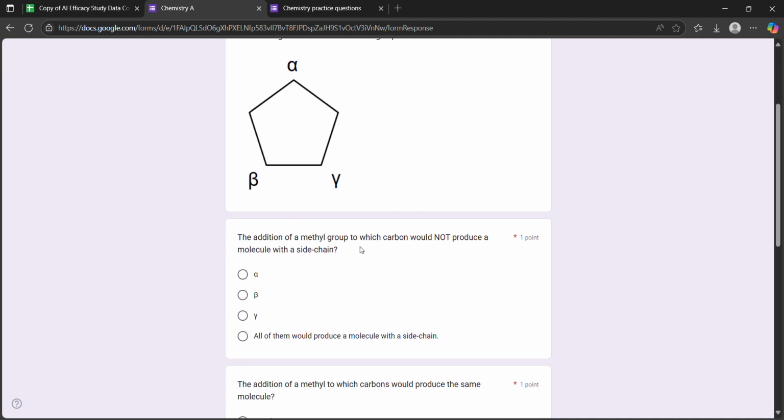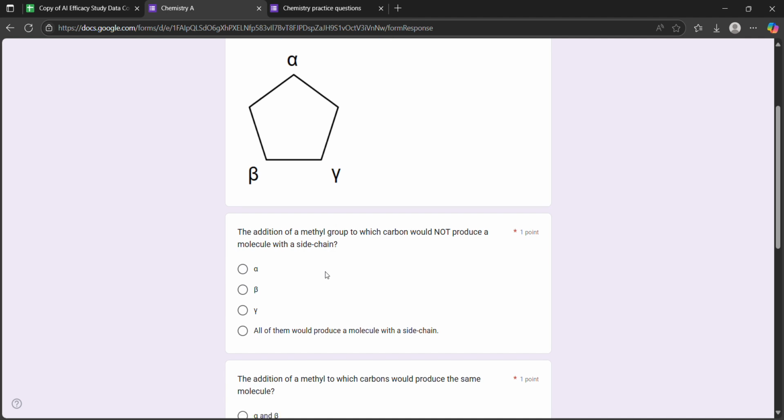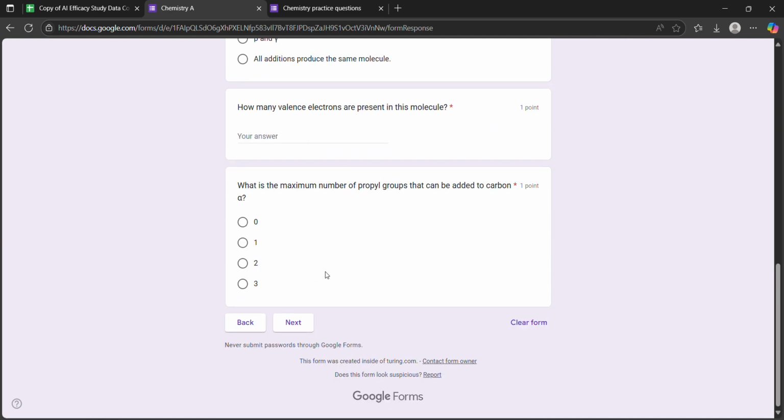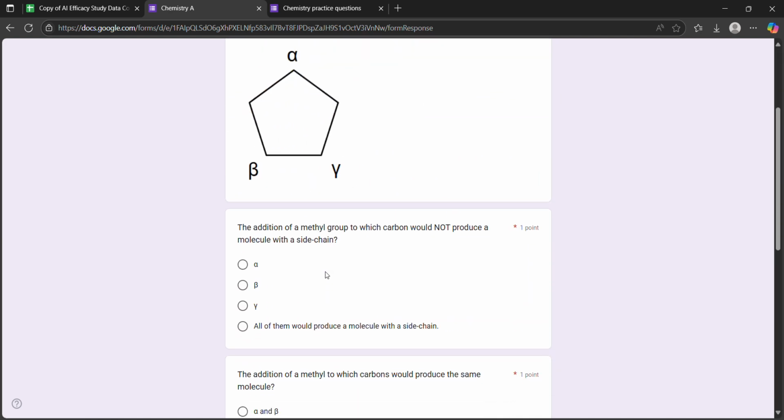The addition of a methyl group to which carbon would not produce a molecule with a side chain? Hmm. So this looks like a pretty symmetric structure.